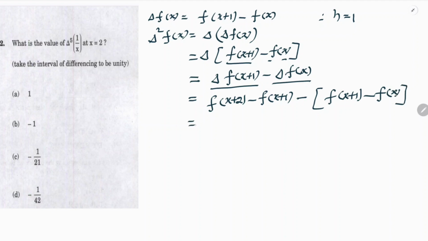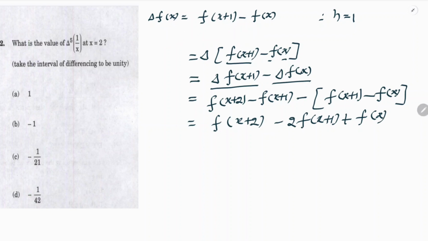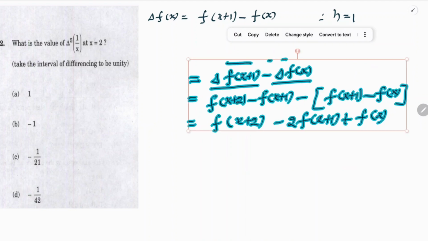So if we remove the bracket, we will get f(x+2) minus 2 f(x+1) plus f(x). In this way we can use this delta definition. So if we want to apply this definition on the given question, how can we proceed?